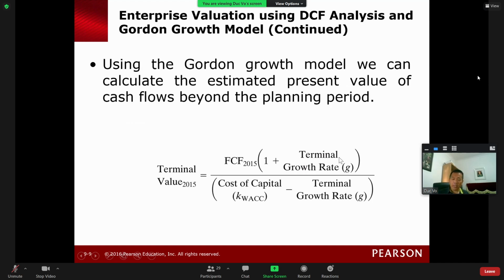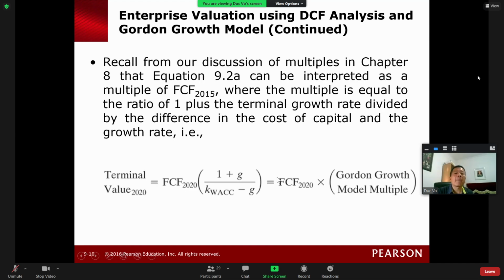And this is what I discussed with you yesterday when I said that in Australia, we try to limit this one to less than the real economic growth rate of Australia, which is about 0.9% in the last 50 years, divided by the cost of capital minus the terminal growth rate. So this is the Gordon-Growth model. We learned it yesterday or in corporate finance already, right?